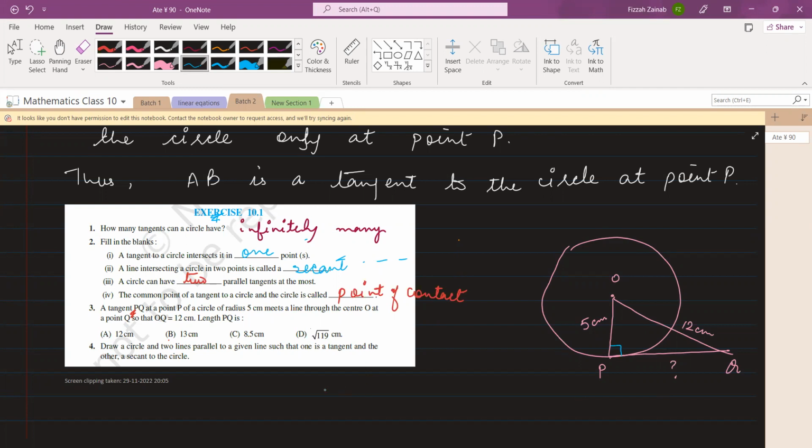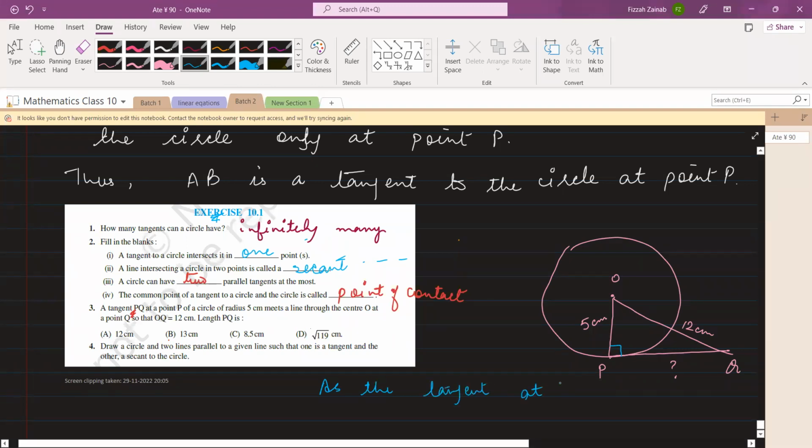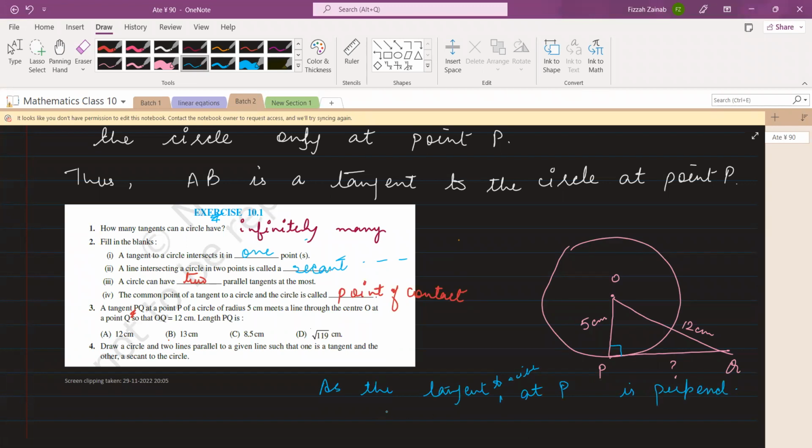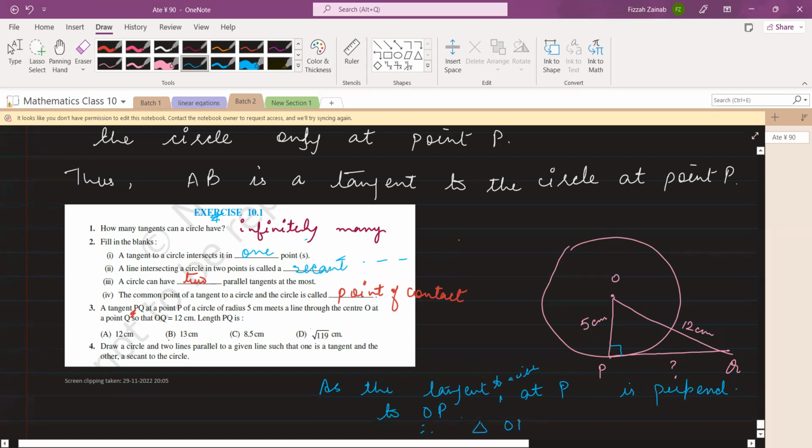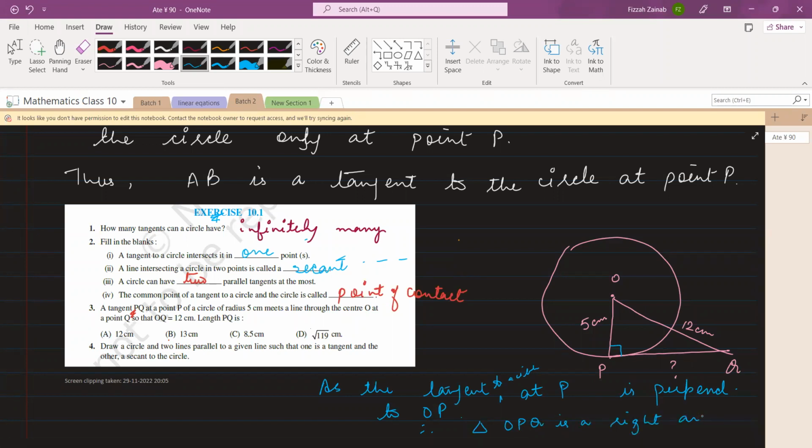So please write it: the tangent to a circle at point P is perpendicular to OP. So therefore we can say that triangle OPQ is a right angled triangle, and now we can use Pythagoras theorem. Now quickly tell me how much is PQ.